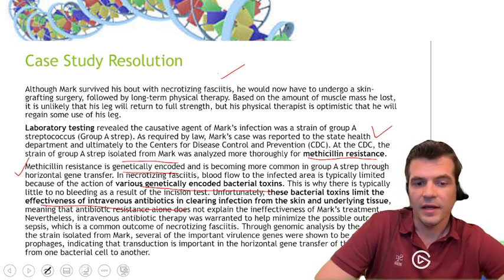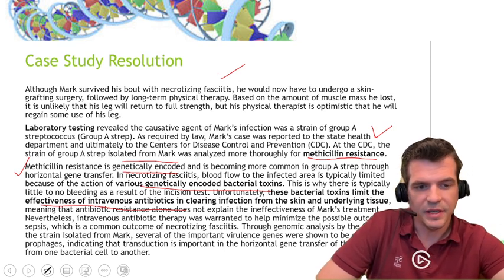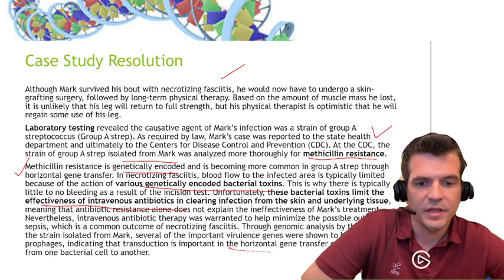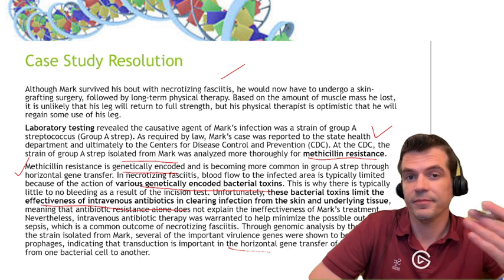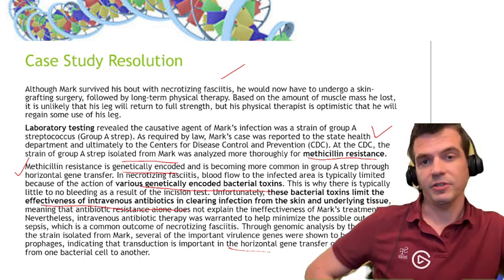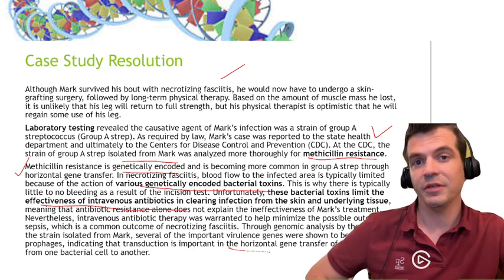Okay, and so Mark's case had several genes on his prophages. And the prophages, as we learned, come from the viruses, right? Okay. So prophages are the latent infection of viruses in bacteria.